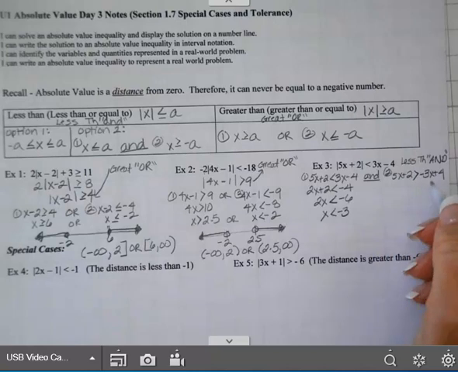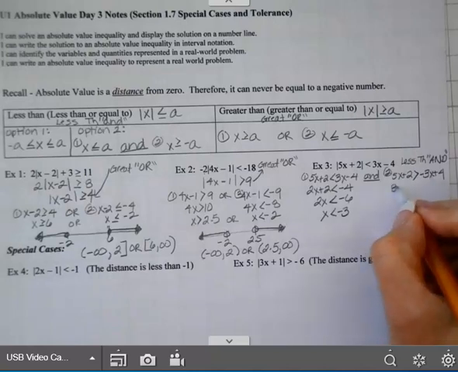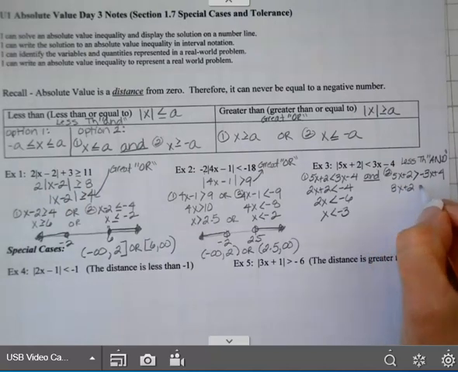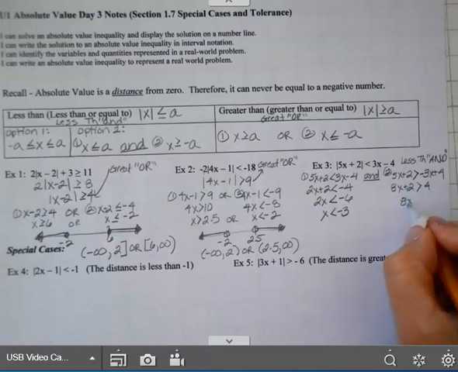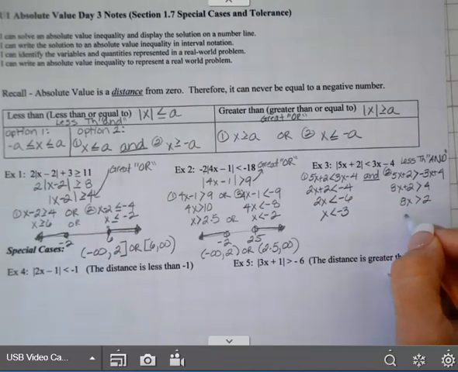For my second inequality, add 3x to both sides. So you get 8x plus 2 greater than 4. Subtract 2 from both sides, so 8x is greater than 2. And then divide both sides by 8. I'm not dividing by a negative, so my inequality does not reverse this time. And that will give me 0.25.